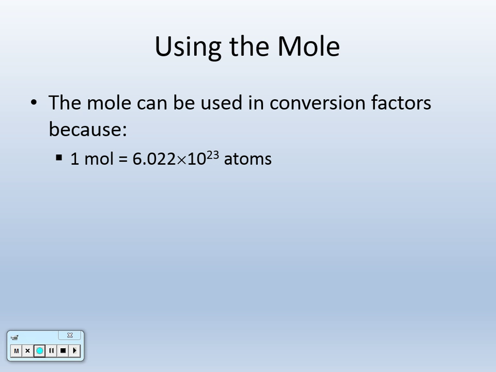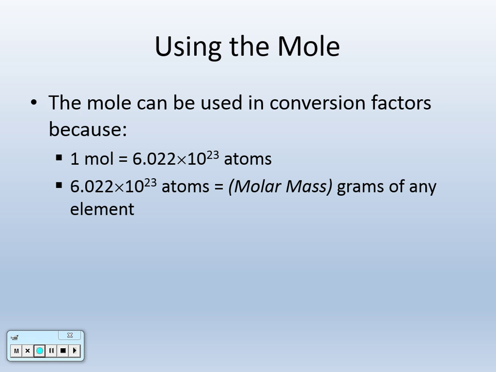Now, we said that if we had the same number of atoms, the atomic masses on the periodic table, comparing those atoms to carbon-12, the relationship would be the same as long as we had the same number. So, if we have 6.022 times 10 to the 23rd atoms, we have an amount equal to the molar mass of that element. 6.022 is the same number of atoms, regardless of the kind of atom that we're talking about.